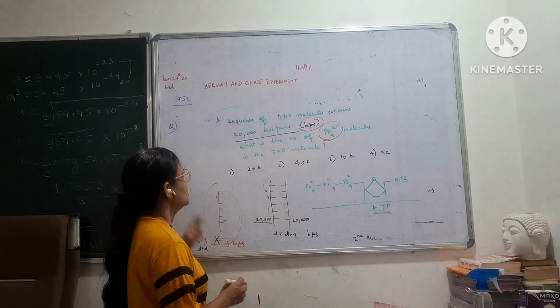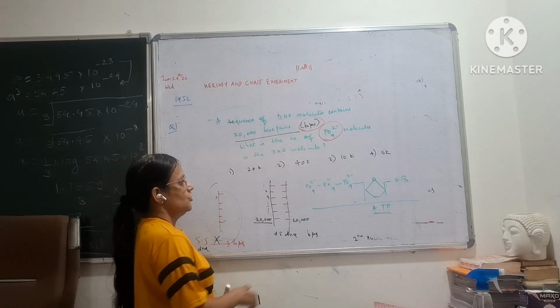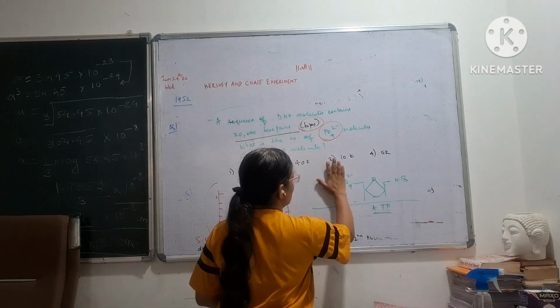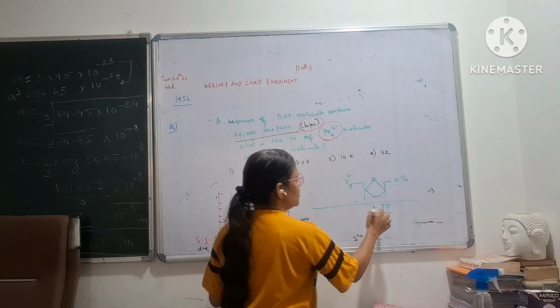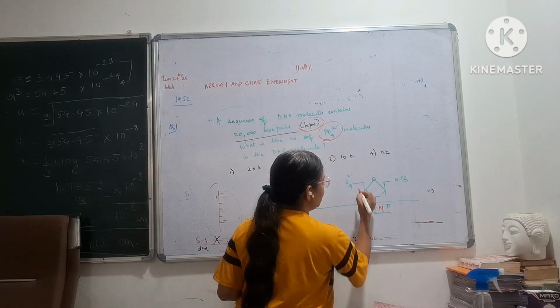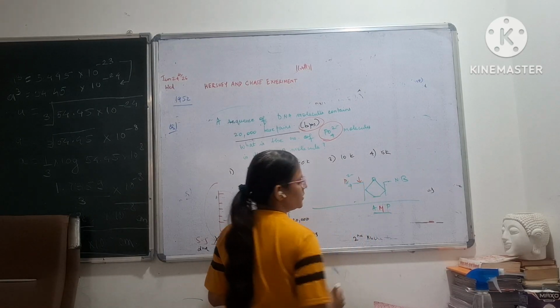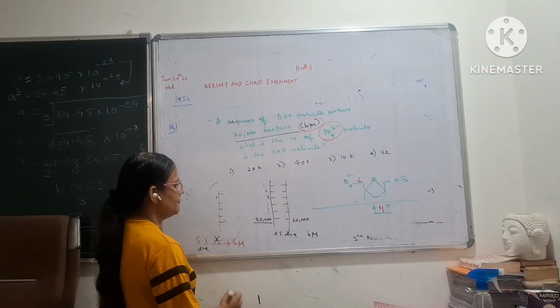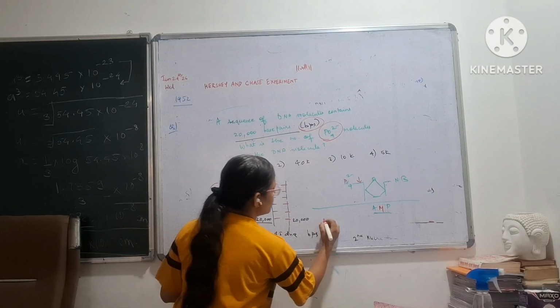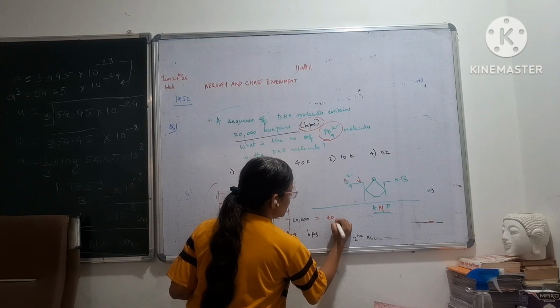But if we are not considering 3 phosphates, say I am just considering 1 phosphate, then in one nucleotide I will at least have 1 phosphate, right? So if I am having 20,000 plus 20,000, how much is that? 40,000.